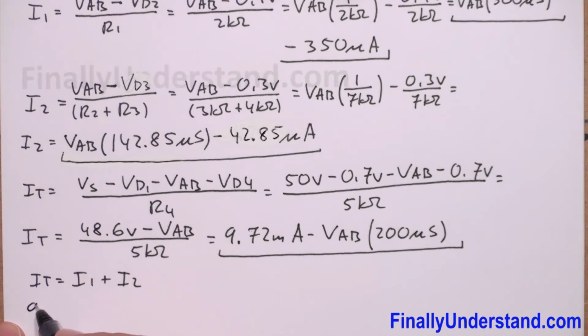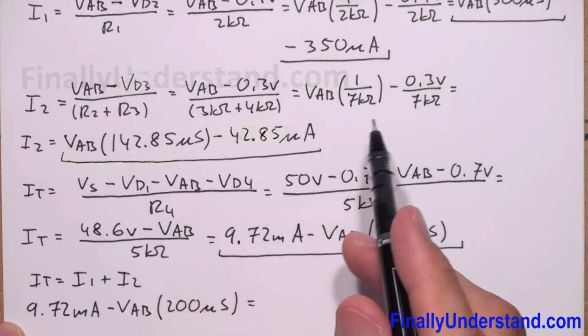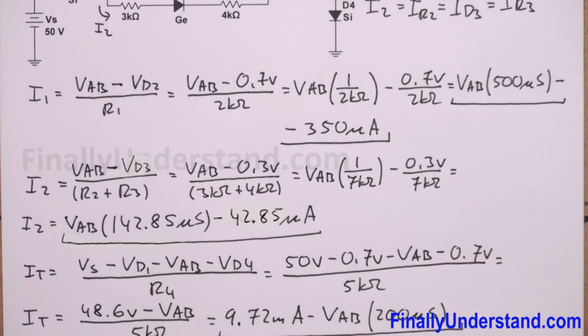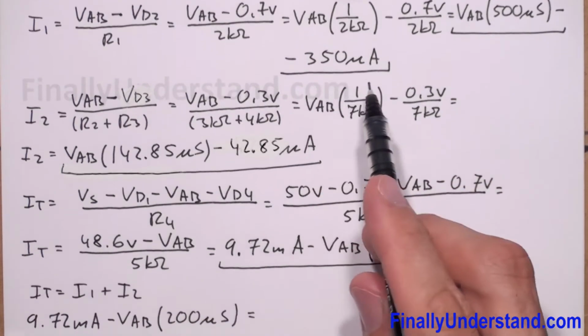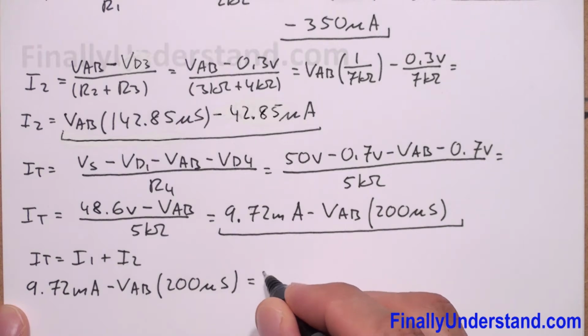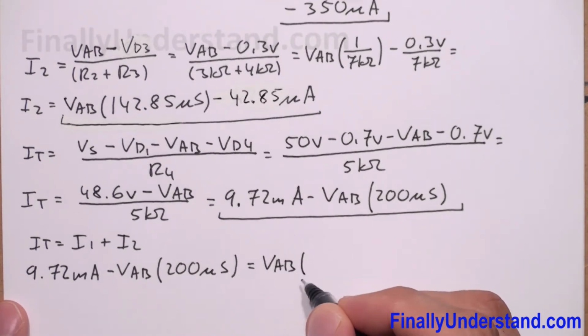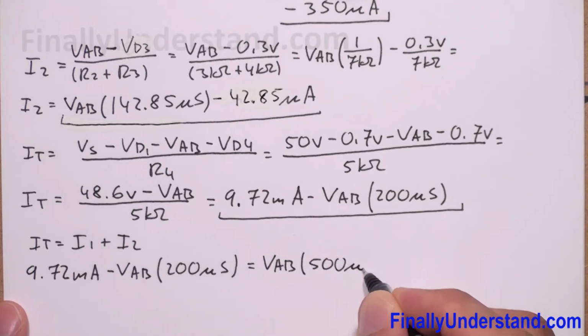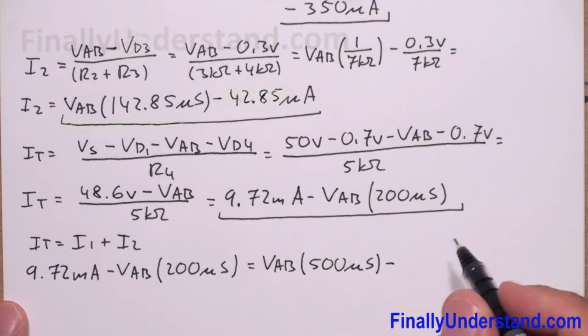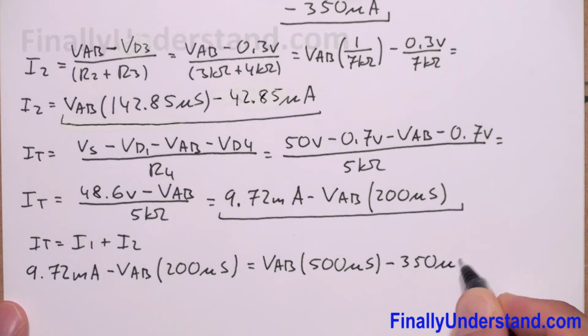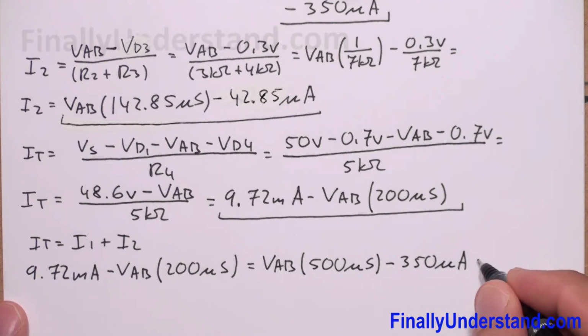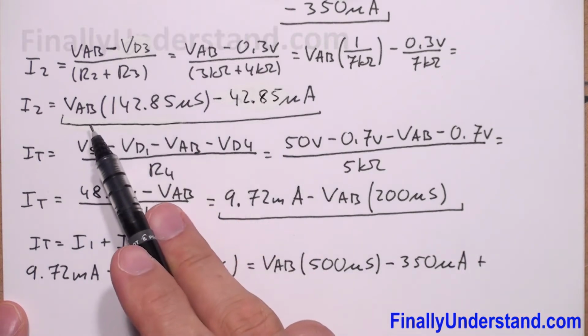I have 9.72 milliamps, this is my total, minus VAB times 200 microsiemens, is equal to I1, which we found: VAB times 500 microsiemens minus 350 microamps, plus I2, and we found this is I2.